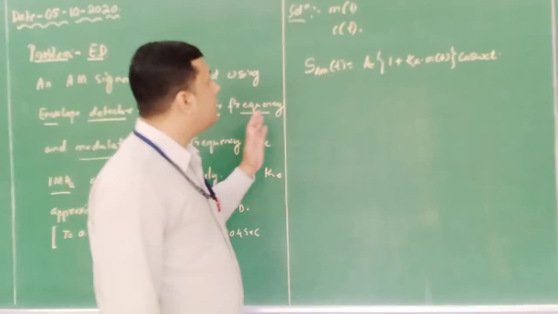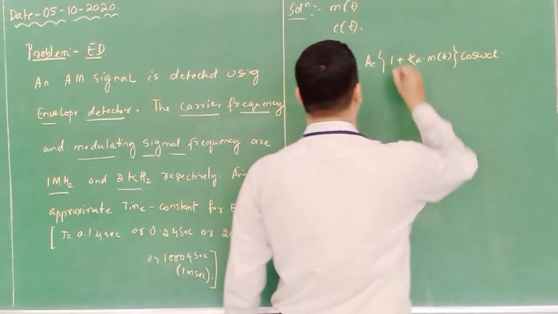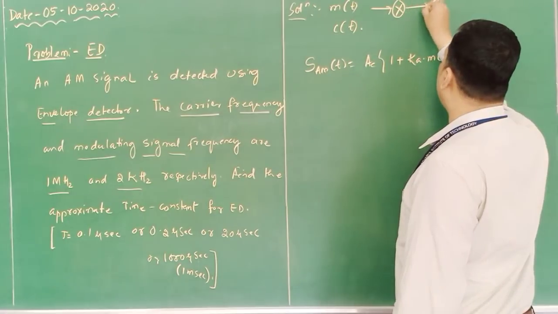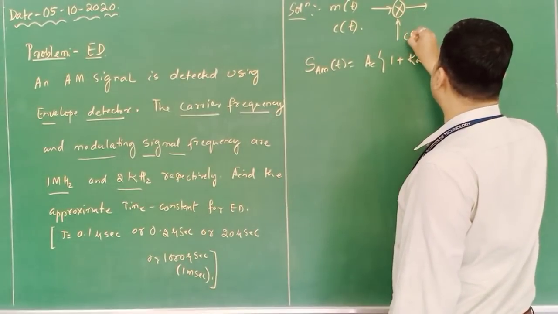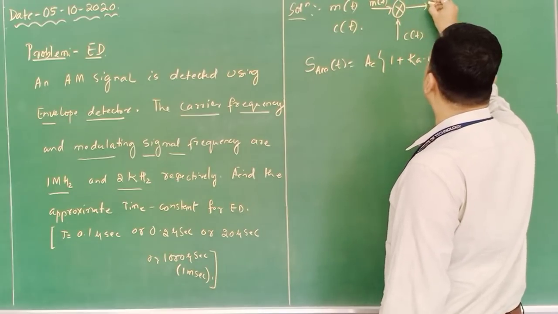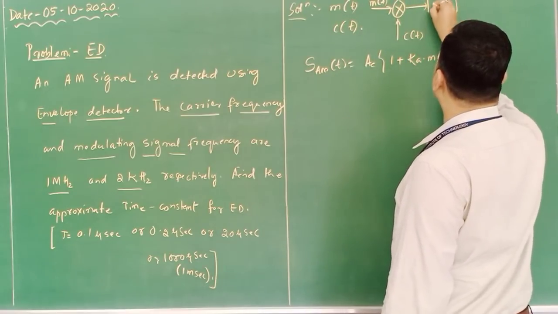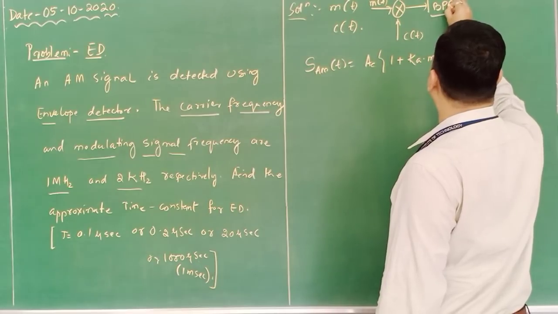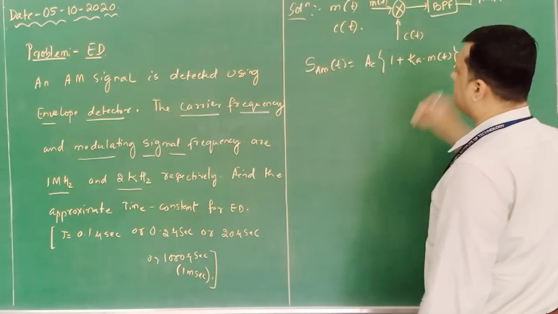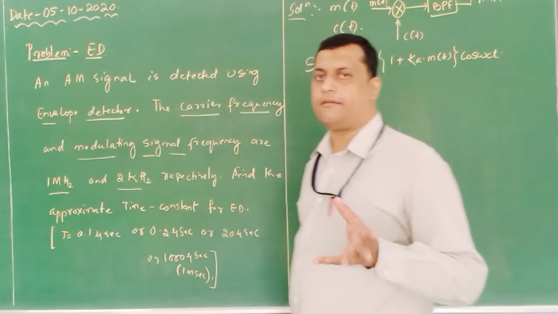So here, the modulating signal passes through a modulator in which the carrier component is available, and after passing through this band pass filter, we transmit the AM signal. This is the concept behind our transmission.